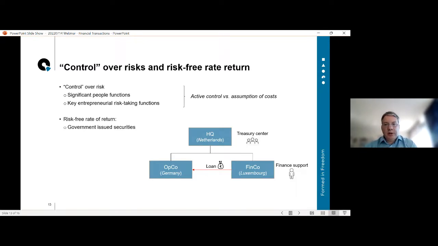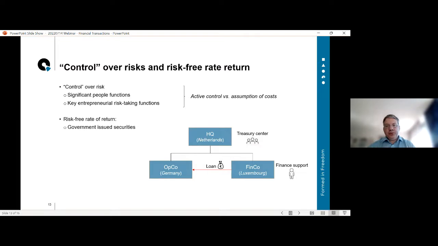Also, do you have sufficient financial capacity in respect of the risks assumed? Now, what is meant with financial capacity? Financial capacity means that the entity, so the financial service entity, should have access to the funds that are necessary to take on the risk or to lay off the risk.